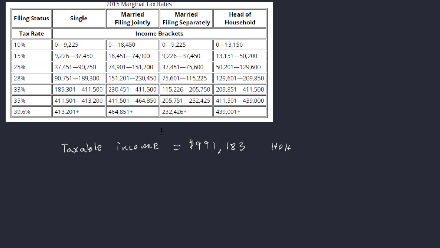So it's going to be 10% on this entire amount. So the tax is going to be 10% of all of 13,150. Then it's going to be 15% of this next amount. So this amount, it's not the whole 50,200 because that would include this.